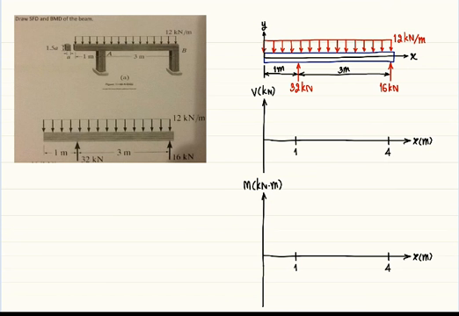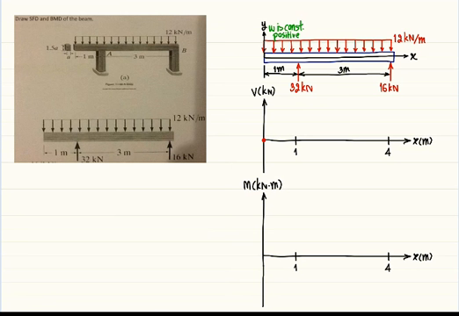From the equilibrium, you can find the support reactions to be 32 and 16. And we use the same concept. Firstly, let's start from 0. And by considering the W, we can see that the W in section 1 is constant and positive.